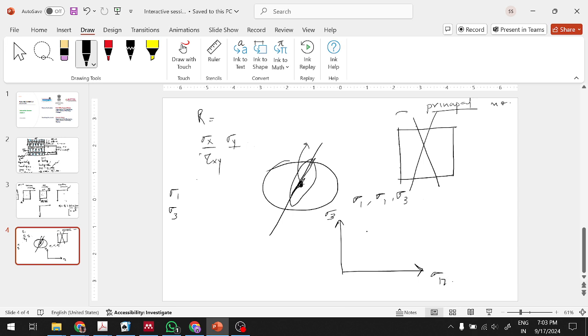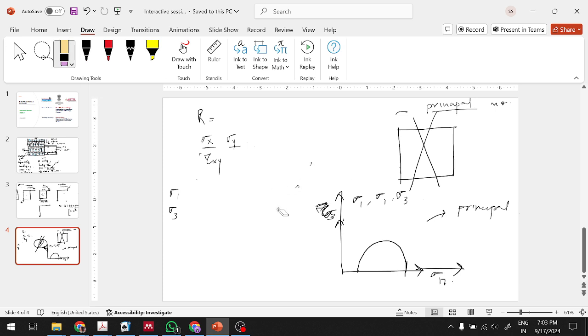A normal stress and shear stress, but in the principal plane. So this will be the principal direction, because then only you can use the pole method. Okay.